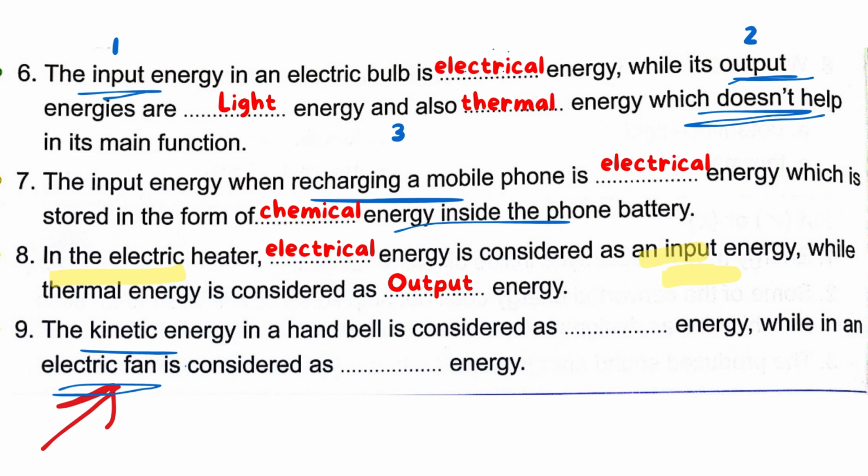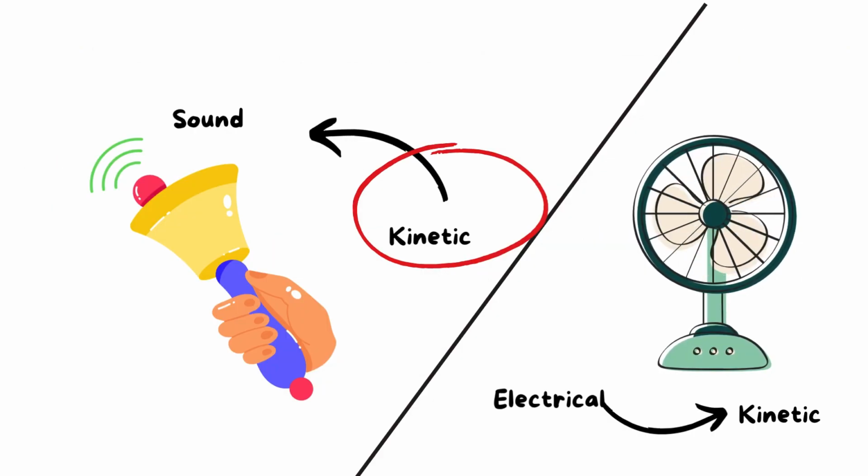The last question we have today is: the kinetic energy in a handbell is considered as what type of energy here? Is this input energy or output energy, while in an electric fan is considered as what kind of energy? So here in the handbell the energy is converted from kinetic energy to sound energy. So the kinetic energy is the input energy.